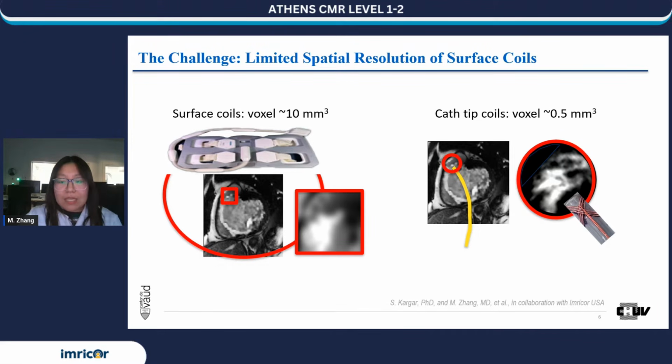As you can see on the left image, the internal architecture of the scar appears blurry and indistinct. In contrast, catheter tip imaging has the potential to achieve a much smaller voxel size, maybe as small as 0.5 cubic millimeters. With that, we would be able to visualize internal scar details much more clearly, which is crucial for identifying these clinically important channels.